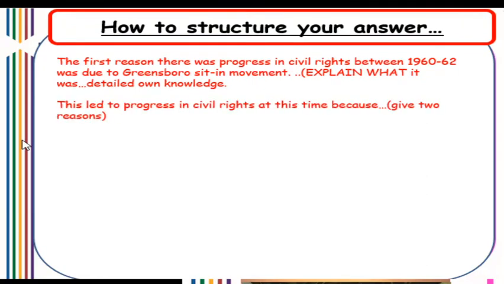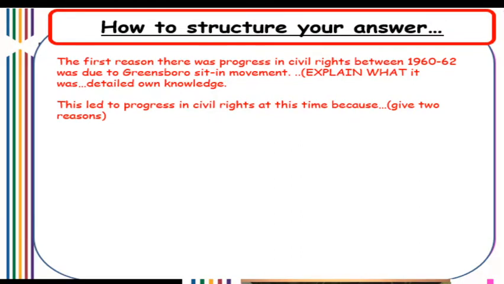Then you need to say how it led to progress. So linking it to the question, the explain part. You can start that section of your paragraph, so all of this red bit should all be one paragraph, with: this led to progress in civil rights at this time because. Then I would give 2 reasons, 2 detailed reasons. You don't need to go overboard listing loads of reasons.